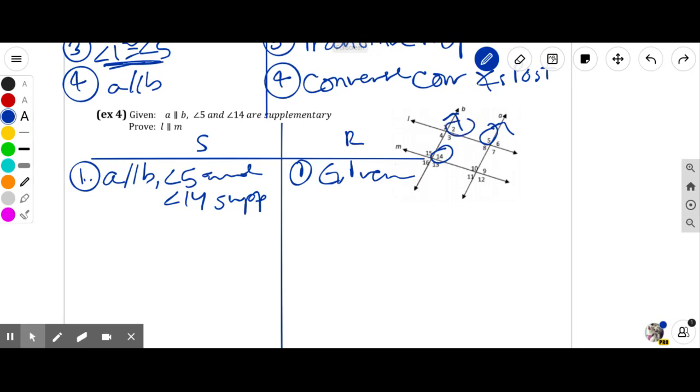So like if I look at angle 2 here, do we see how angle 2 and angle 5 are formed by A and B? And those are parallel. So that means the relationships are true with 2 and 5. 2 and 5 are consecutive interior angles, which would make them supplementary. And I can say that right now because, again, A and B I know are parallel. So I could say that angle 5 and angle 2 are supplementary.